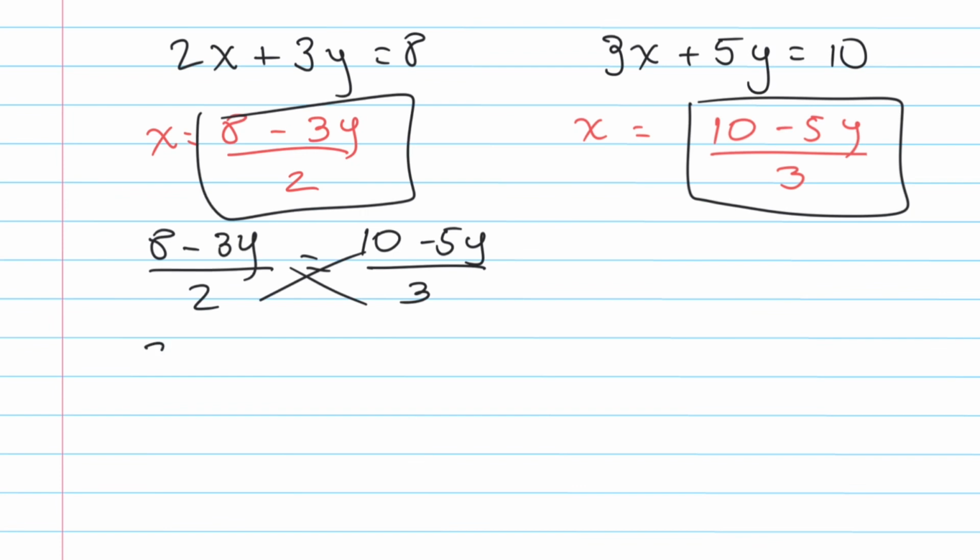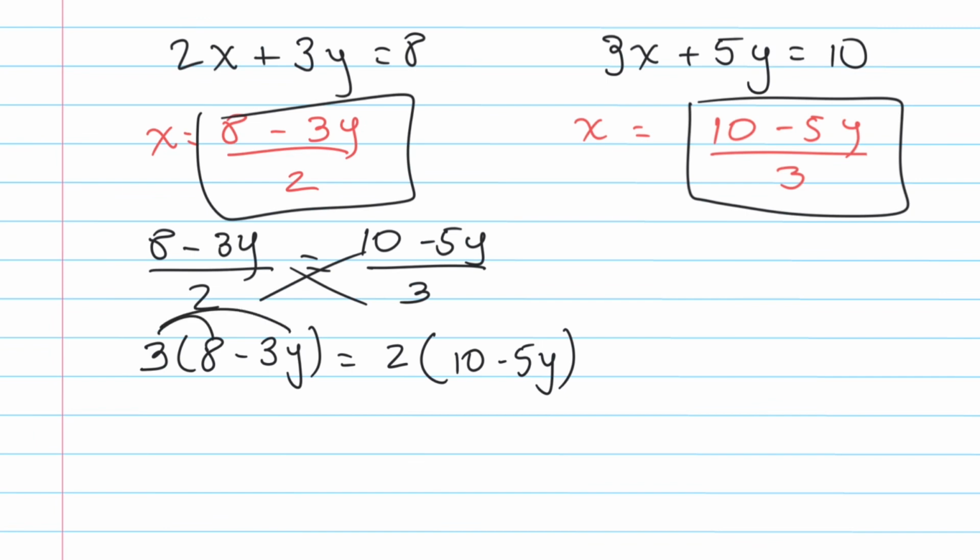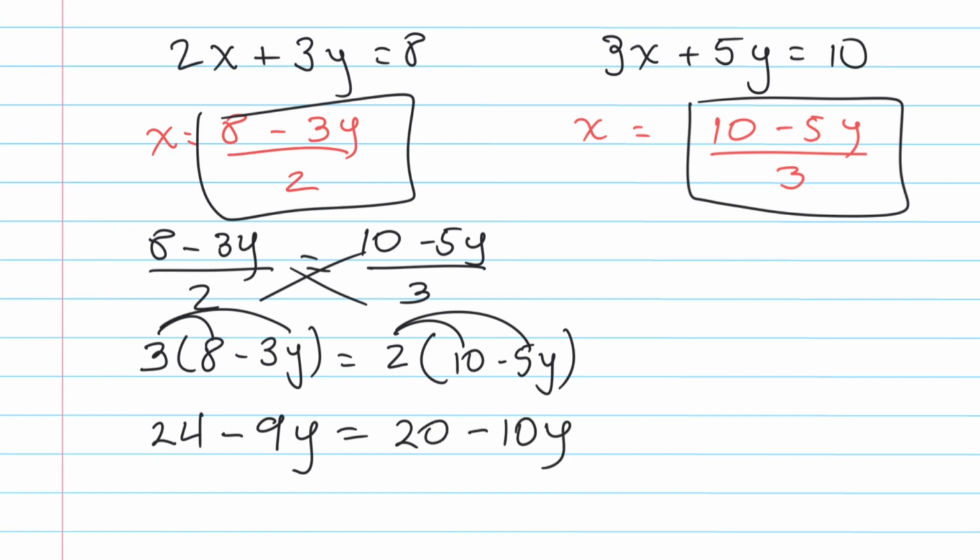So 3 times 8 minus 3y is the same as 2 times 10 minus 5y. We distribute on each of these, and we're going to have 24 minus 9y equals 20 minus 10y.